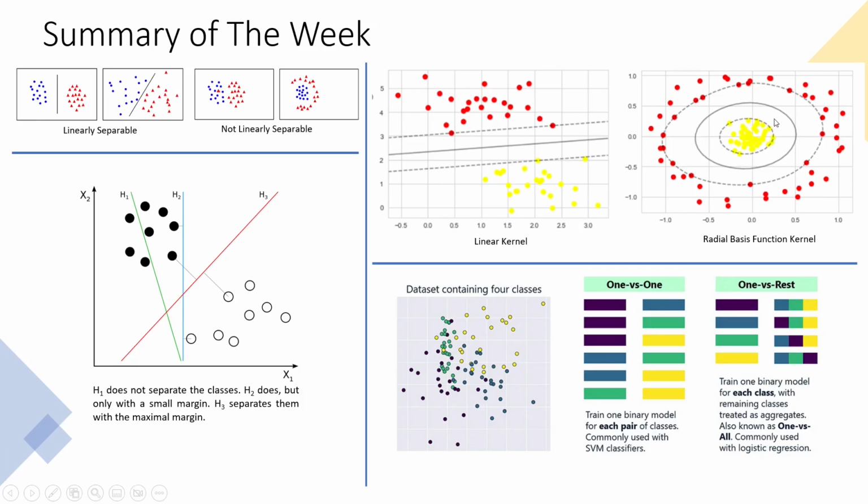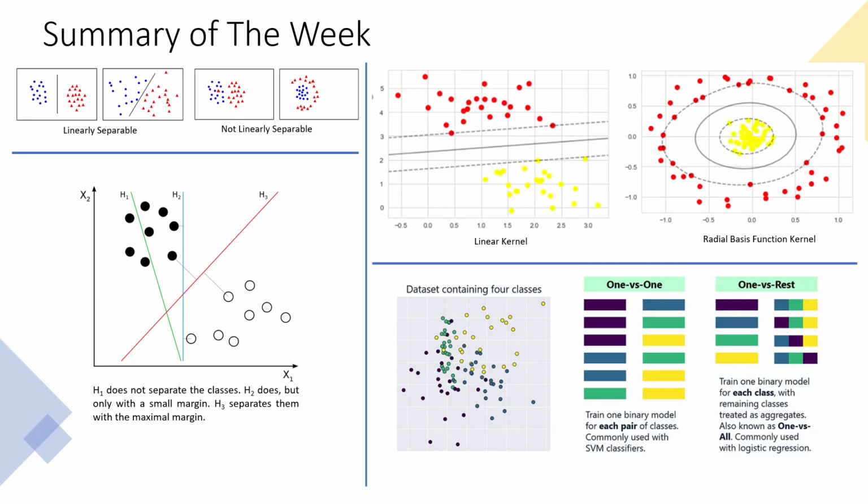Instead of taking the dot products in two dimensions, such as this one, we use e to the minus x as the radial basis function. And once we get the dot products in that dimension, it was possible to split this cluster from this cluster. And we did quite a few examples about support vector machines and how we can use them with scikit-learn.